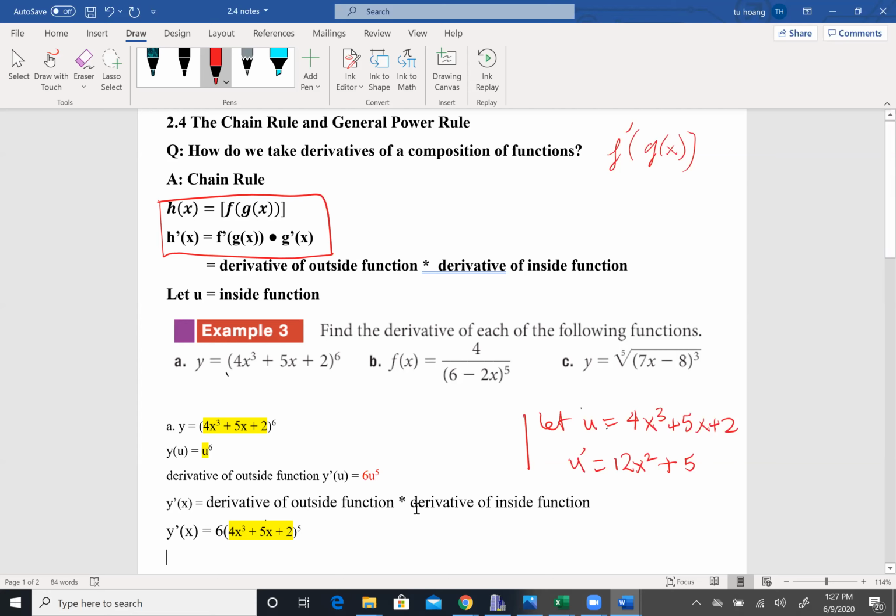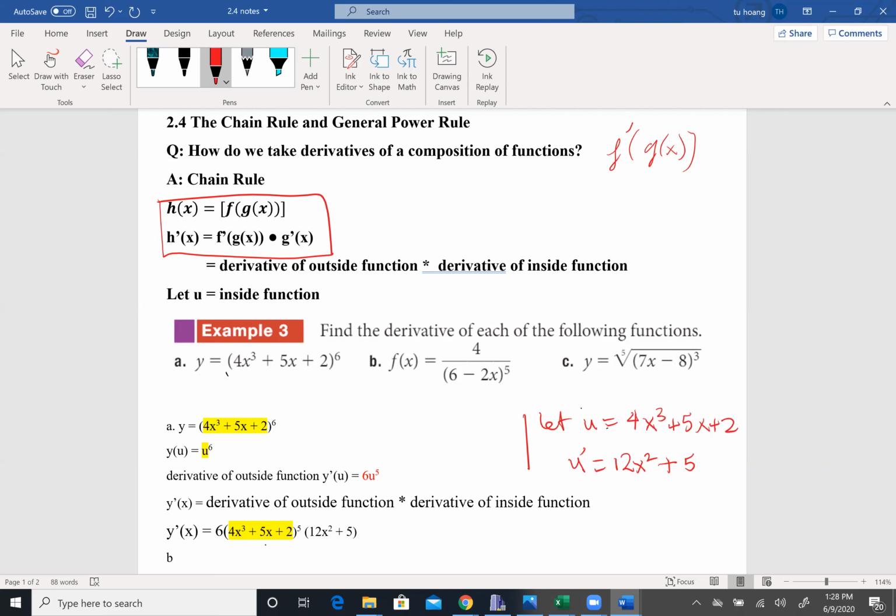And also I need to multiply by the derivative of the inside function, which here was 12x squared plus 5. So that is the way to use the chain rule to take the derivative of a composition of functions.